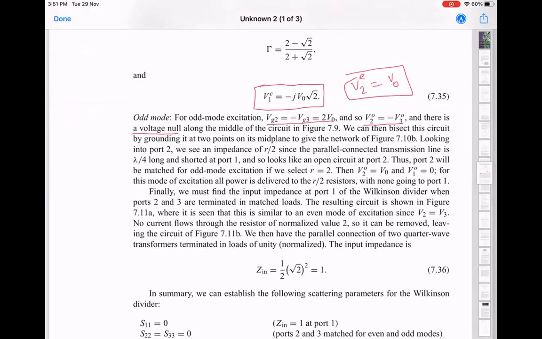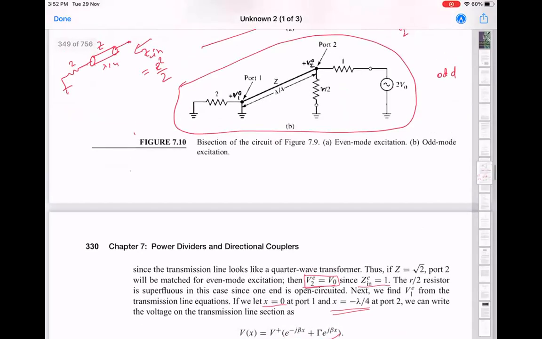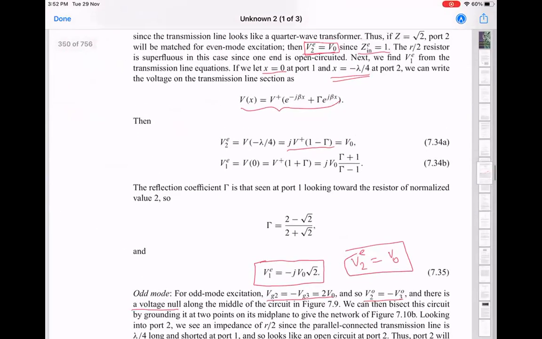So now we say looking into port 2, we see an impedance of R by 2 since the parallel connected transmission line is lambda by 4 long and shorted at port 1. Maybe I should redraw that figure. Let's draw this here.